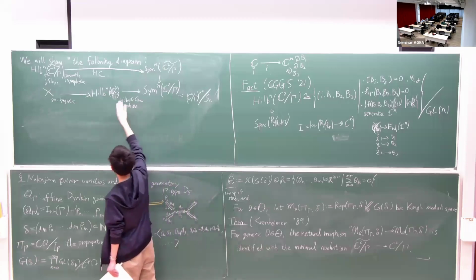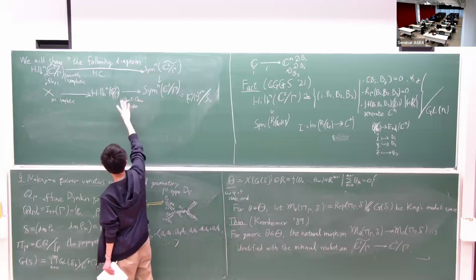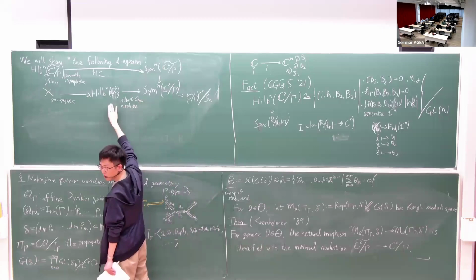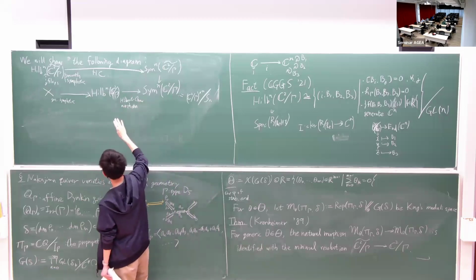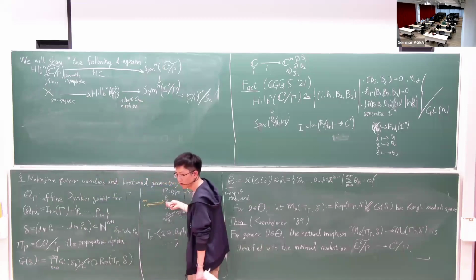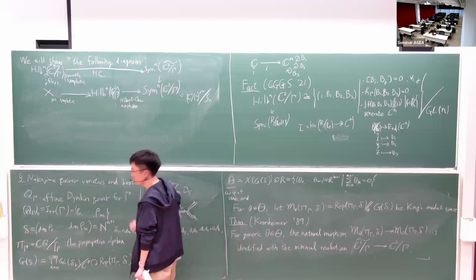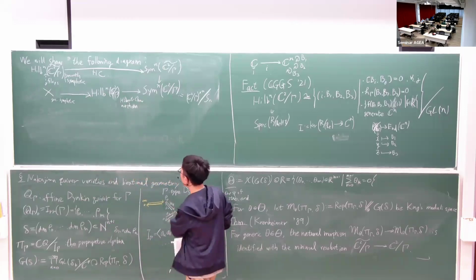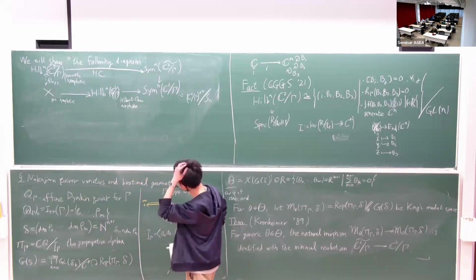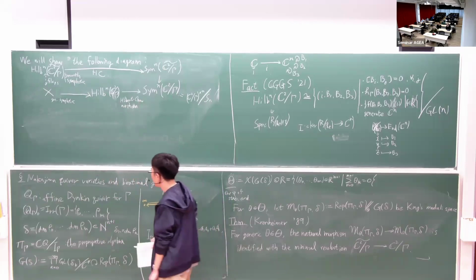So the difference of the Picard number is 1. This has one exceptional divisor, and maybe we can say that this vertex corresponds to this exceptional divisor. But I don't know a good interpretation for the correspondence of vertices and exceptional divisors.